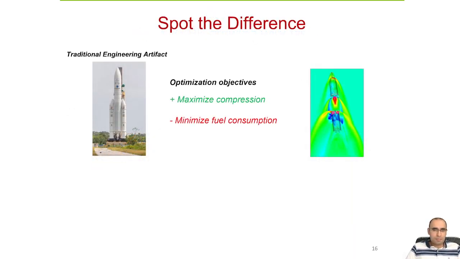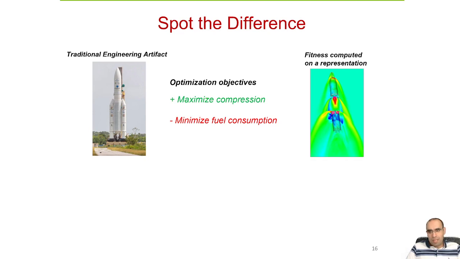And let us look at an example of a space rocket to better understand this concept. The goal is to find the optimal structure that maximizes the compression and minimizes the fuel consumption. So this is extremely costly to try physically in space.